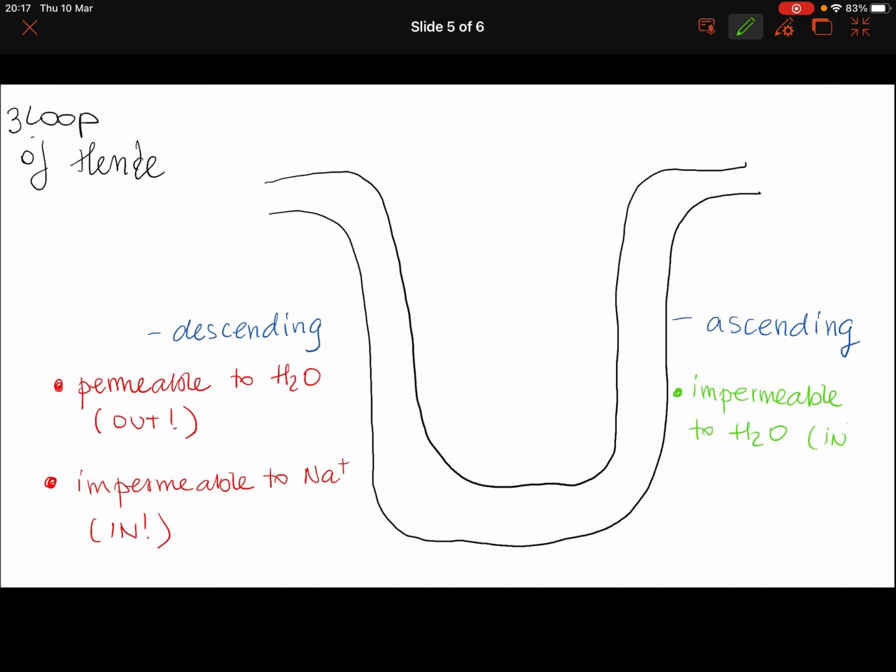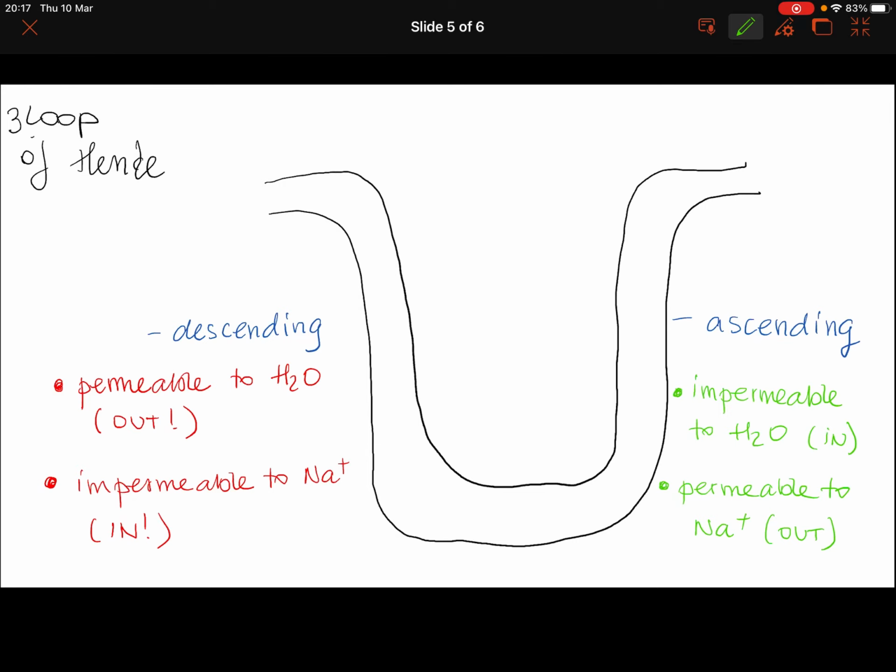It means the water can come in. However, it's permeable to sodium ions, which makes them able to come out. And this is how we're going to look at the maintenance of the sodium ions and some movements of water in the loop of Henle.